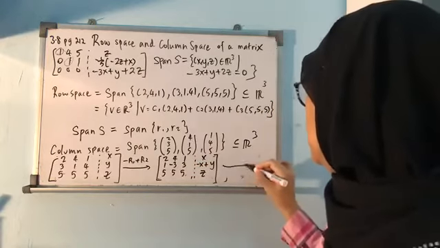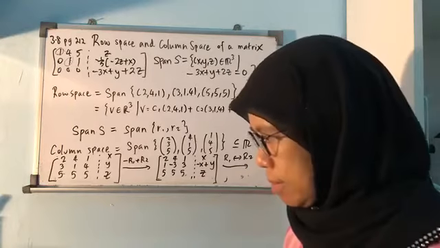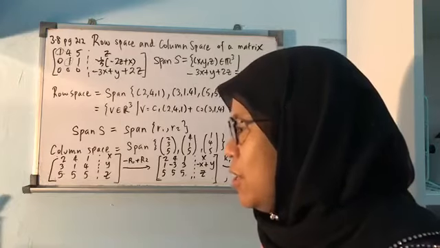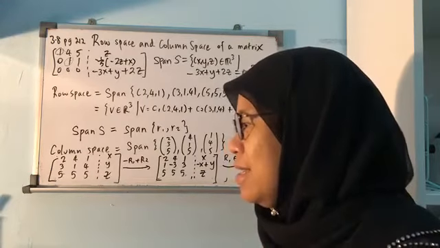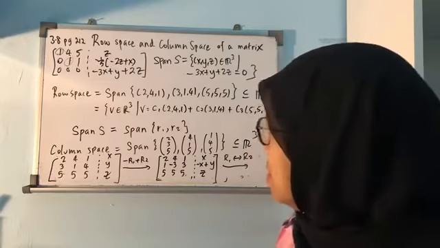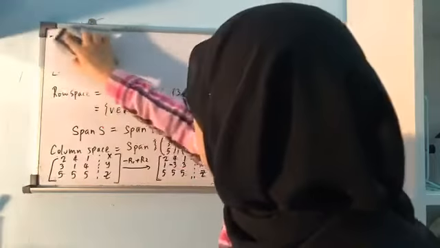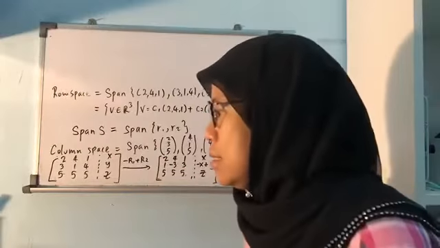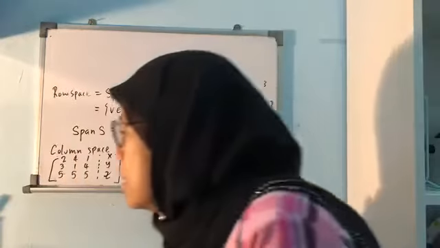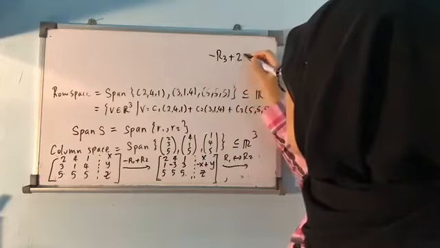Alright, next we change the row. Okay. You remember somebody write this: negative R3 plus 2R1.